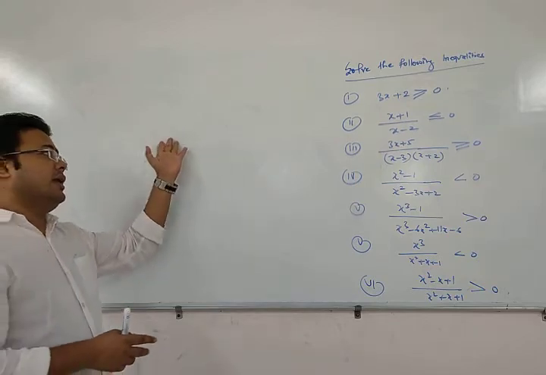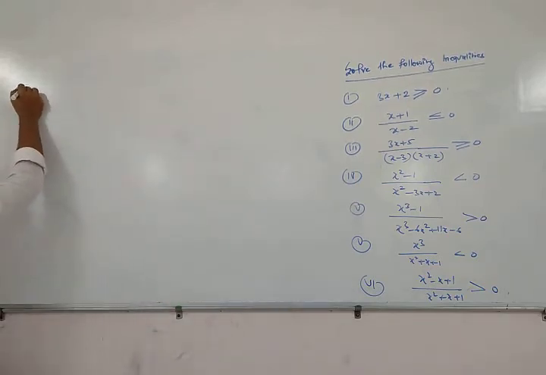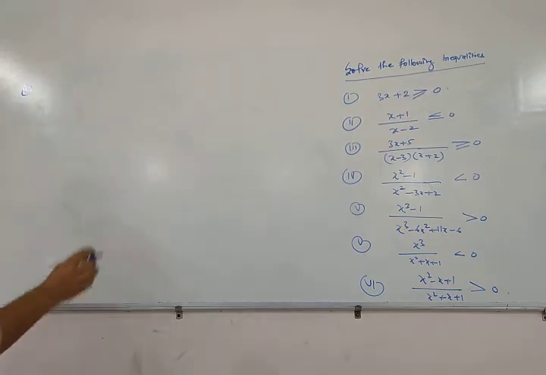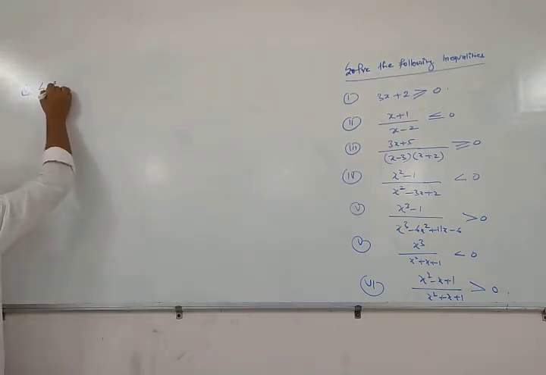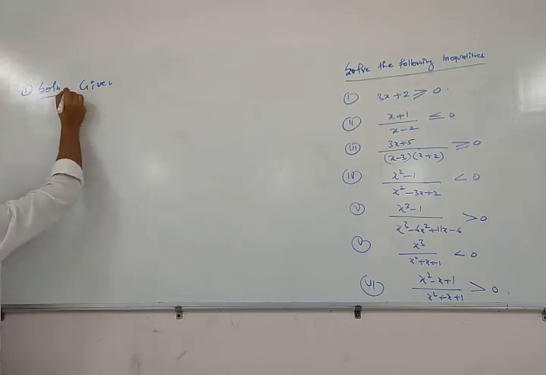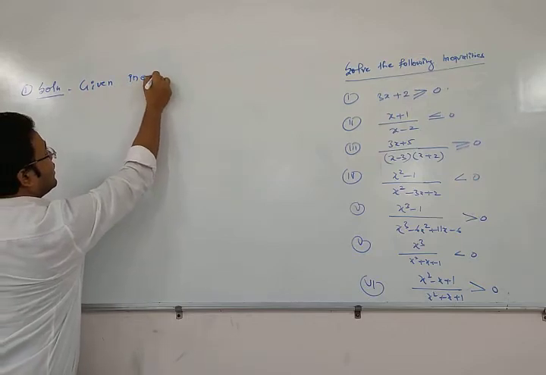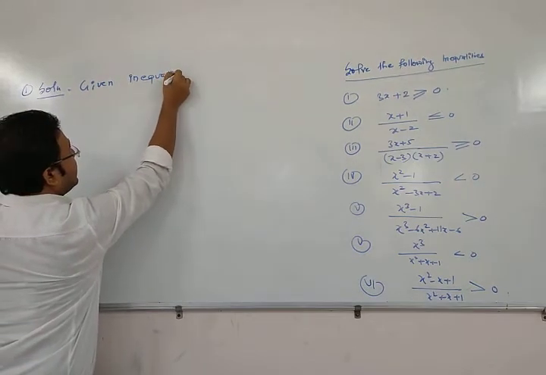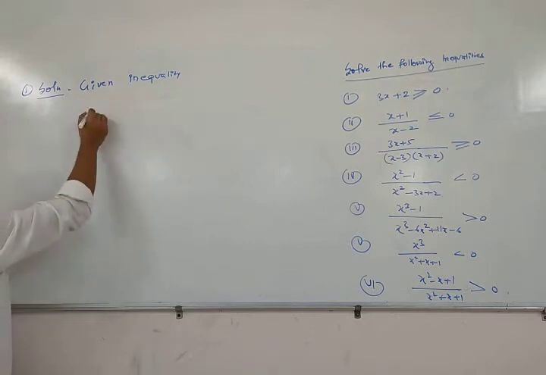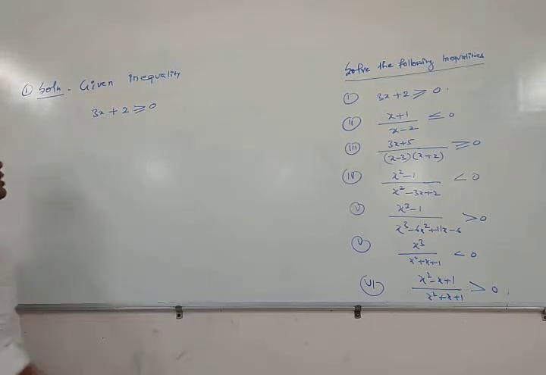So let us see number 1. Because we have to solve, we have to write the solution. Given inequality: 3x plus 2 greater than or equal to 0.